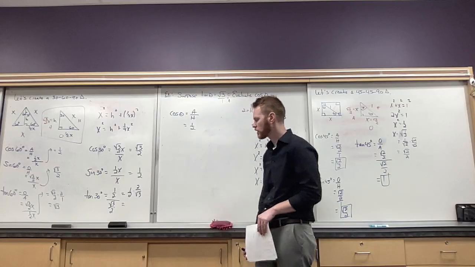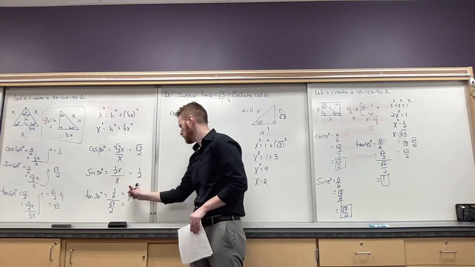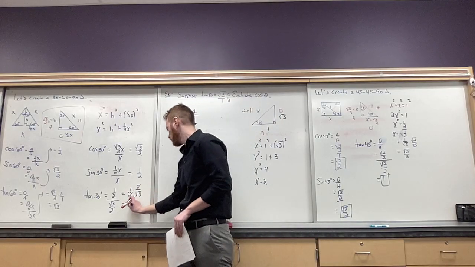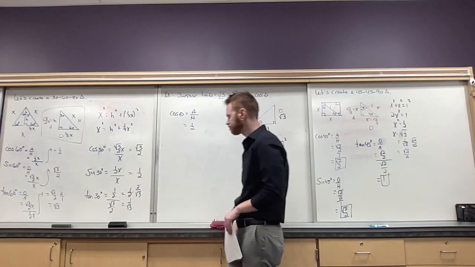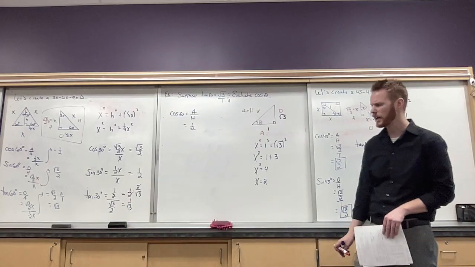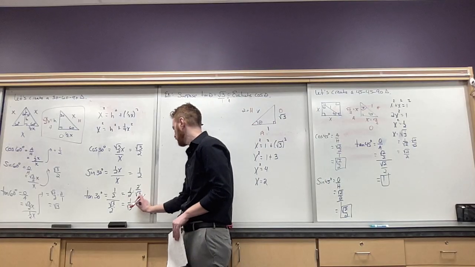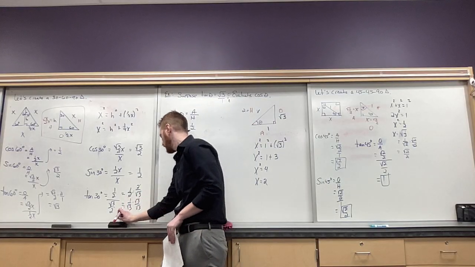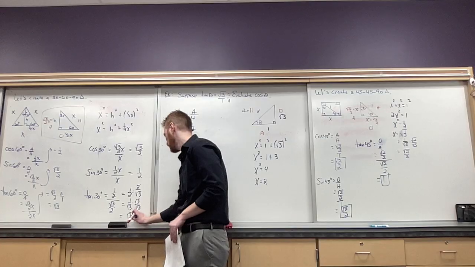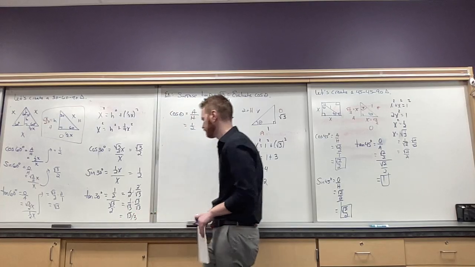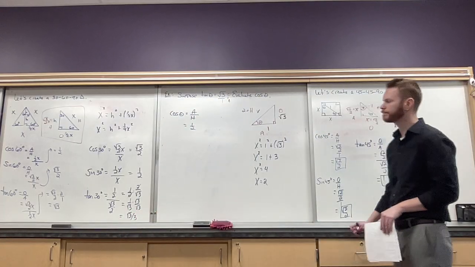We can see that these 2's are going to reduce. So we get 1 over square root of 3. And again, we want to rationalize that. We don't want to leave it like that. So I'm going to multiply top and bottom by square root of 3. So square root of 3 over 3 is tangent of 30.